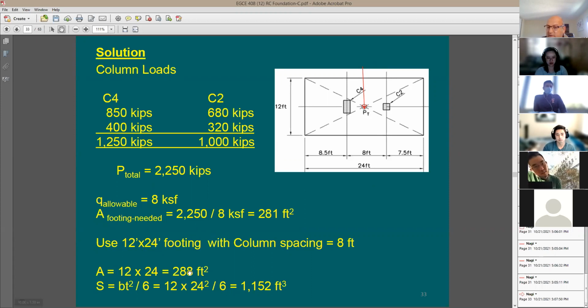Section modulus is going to be equal to this much. Let's just take this force 2250 divided by 288. How much is that? Can someone help me? Because what I needed here is 281, so I decided to provide 288. What is Q, the actual Q?